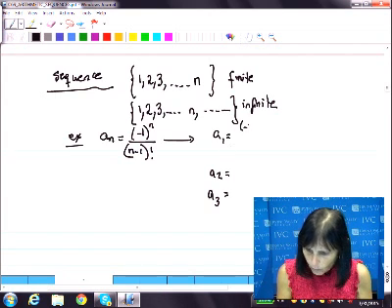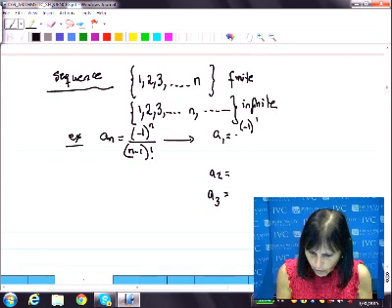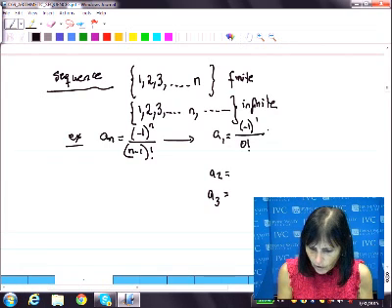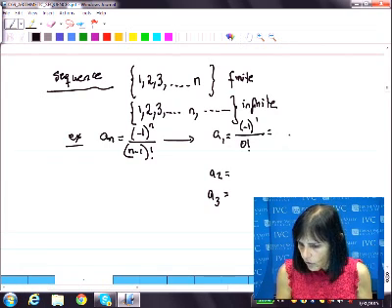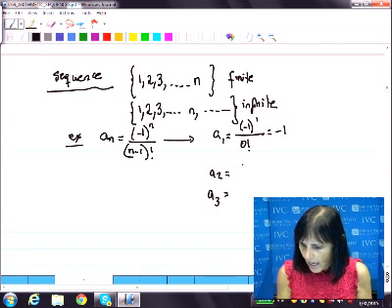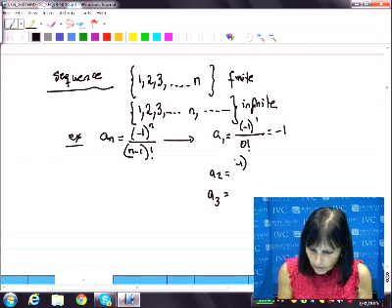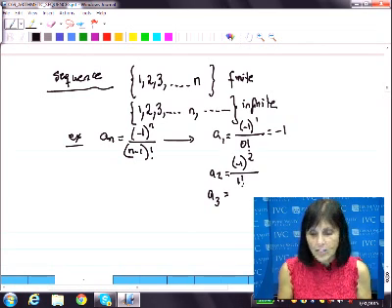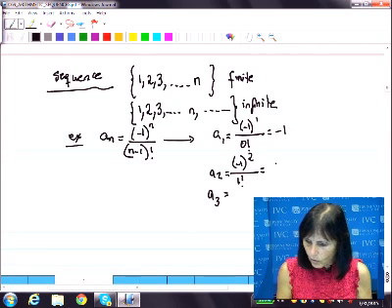So let's go. -1 to the first power over 0 factorial. That is going to be simply -1, since 0 factorial is 1. A2 is -1 to the second power divided by 1 factorial. 1 factorial is simply 1 as well, so that's going to give you 1. How about A3?